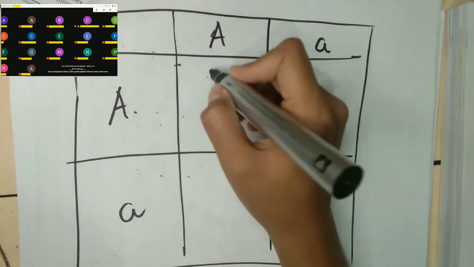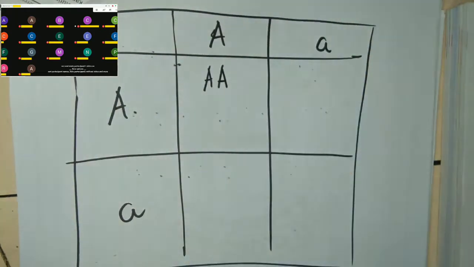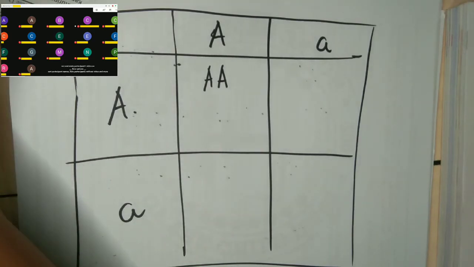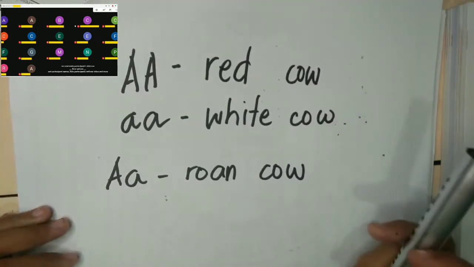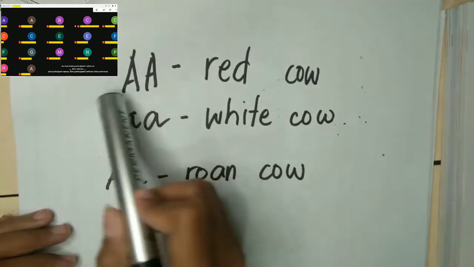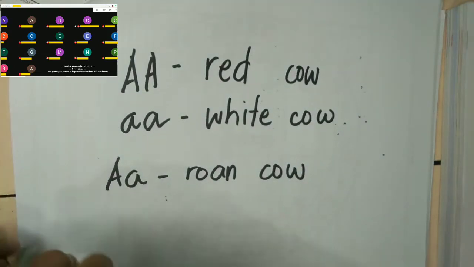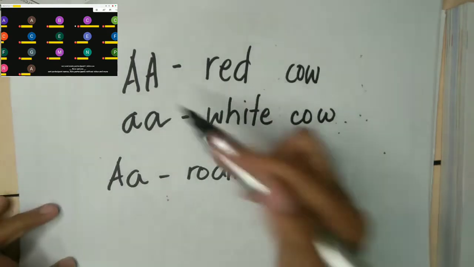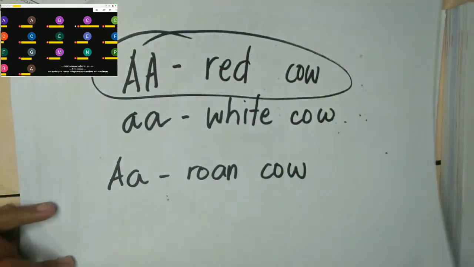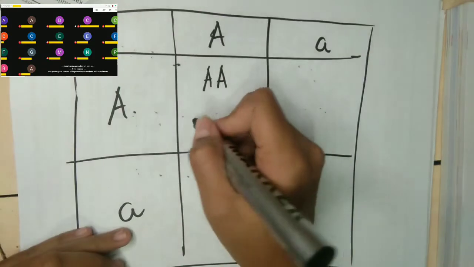We have the one capital letter A and small letter A. And then we have the two capital letter A. We have the outcome of the red cow.